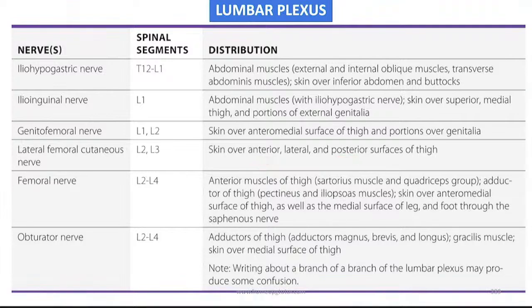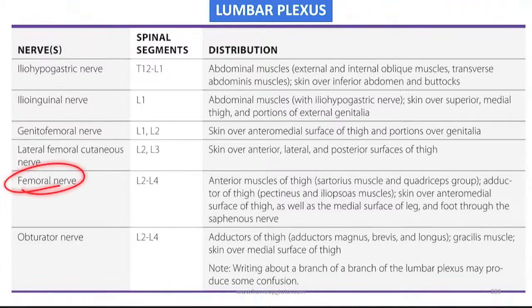Okay, majorly the entire portion of thigh except for the medial side. Except for the medial side, all the other portions of the thigh are supplied by the lateral femoral cutaneous nerve. Okay, while the anteromedial surface is via the genitofemoral.